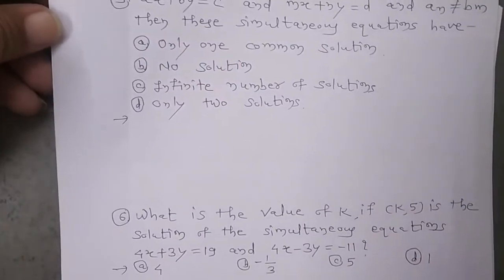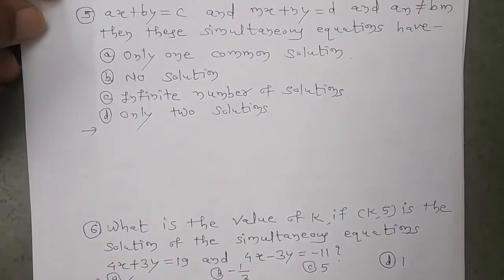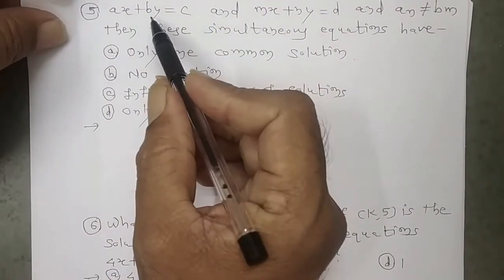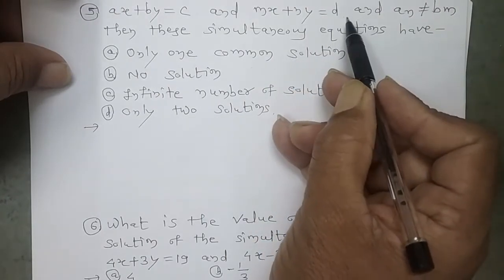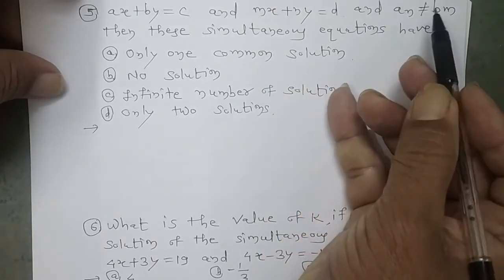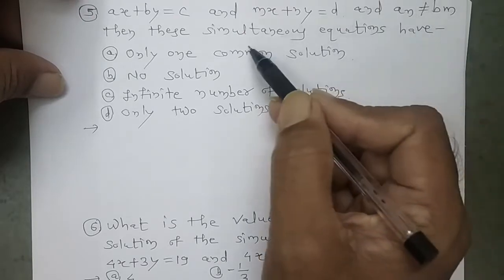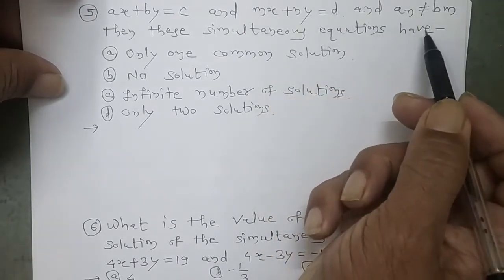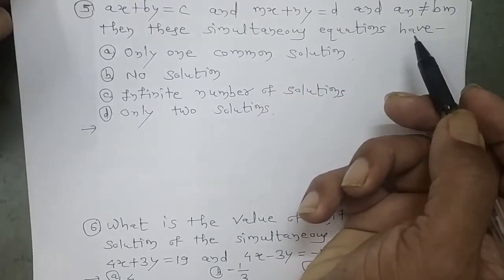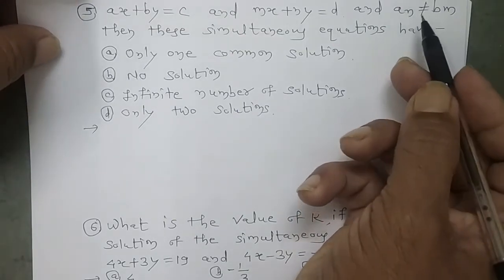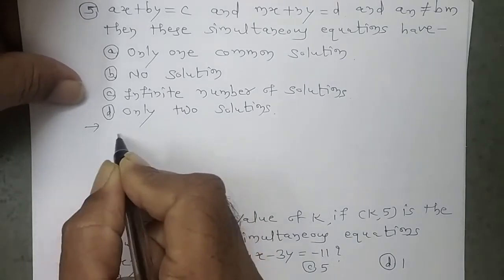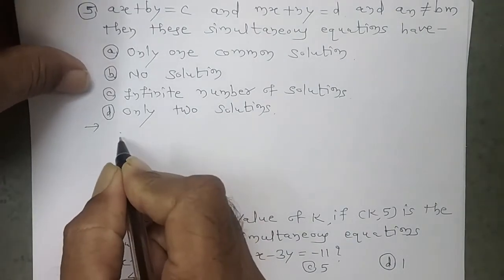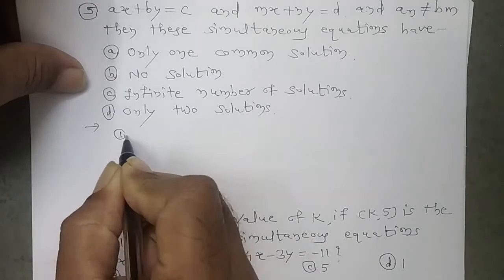Now next example, question number 5. ax plus by is equal to c and mx plus ny is equal to d, and an is not equal to bm, then these simultaneous equations have. Now we know that there are three conditions.